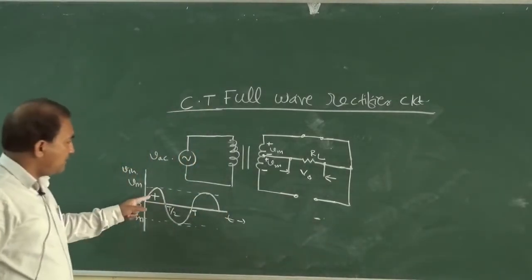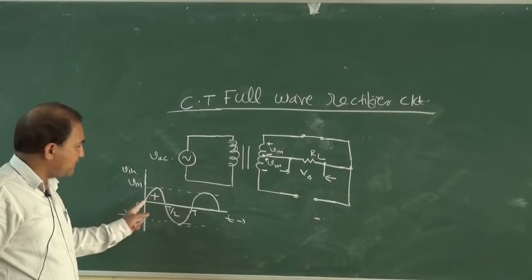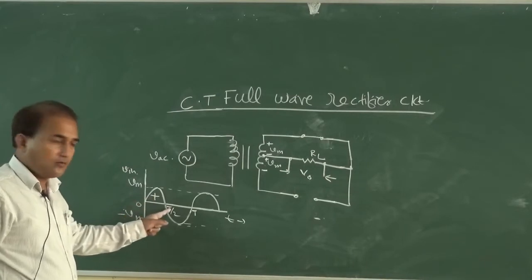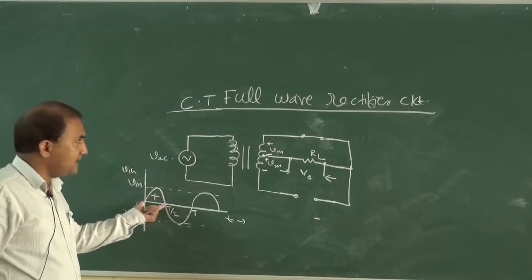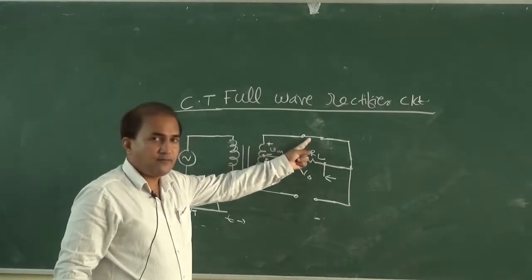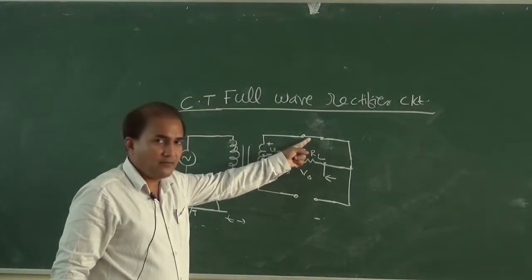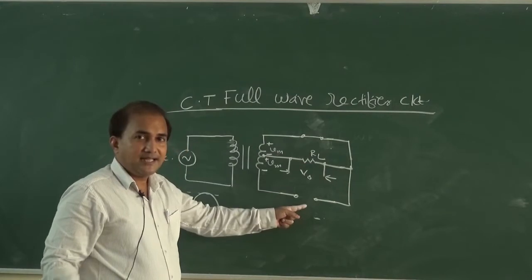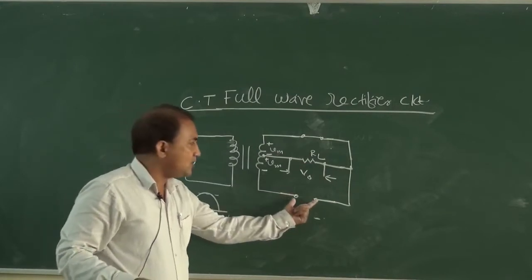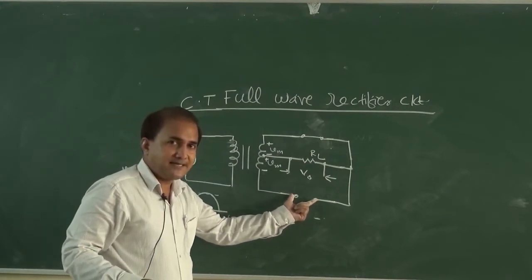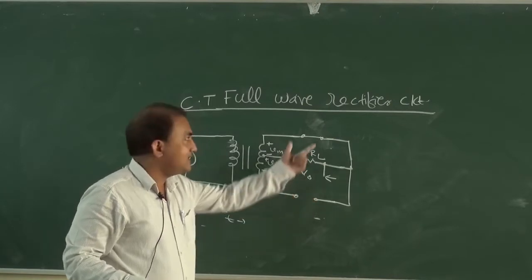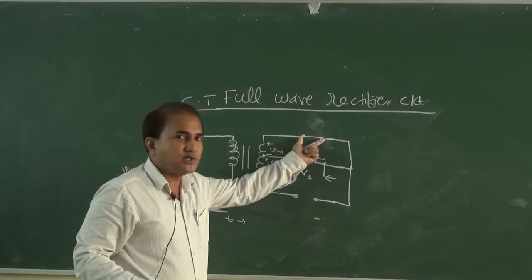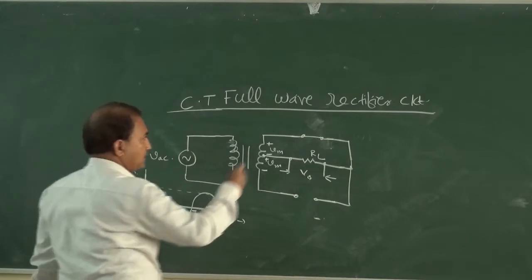So for the input signal from 0 to T by 2, diode D1 is in forward bias condition and diode D2 is in reverse bias condition. This is represented by an open switch, and this is represented by a closed switch.